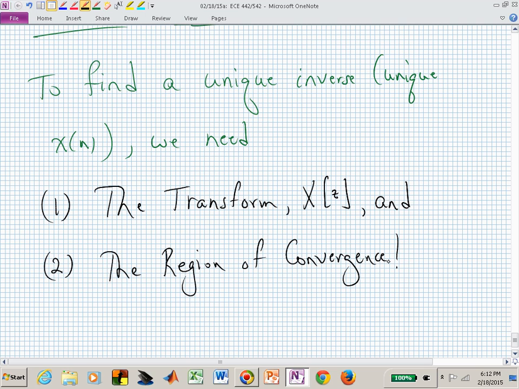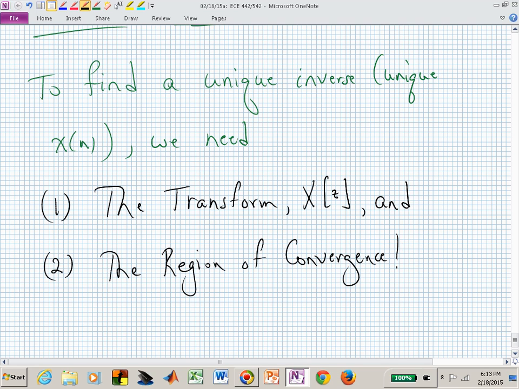If nobody tells us what the region of convergence is, then we could have multiple answers. The inverse could be different between two different people. If I give you a pole or a Z transform, Z over Z minus 1/2, and ask you to find little x of n, you have to say, well, I'm going to assume the region of convergence is here or here in order to make a unique little x of n.